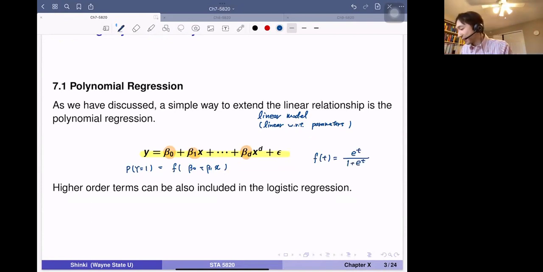I was always confused whether this is the inverse logistic function or the logistic function. Actually, this is the logistic function, and the inverse of this is the inverse logistic. So we can say f inverse of the probability that y equals 1 is equal to beta naught plus beta 1 x. Then f inverse is the inverse logistic function.